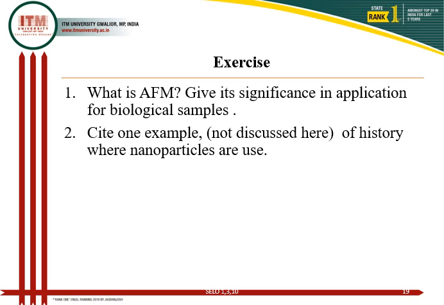And the second, I'm expecting that you cite one example from history that I have not discussed here. Many examples can be searched from websites where they have used various glasses, various techniques, metals like gold, silver, iron, copper. So cite these two.